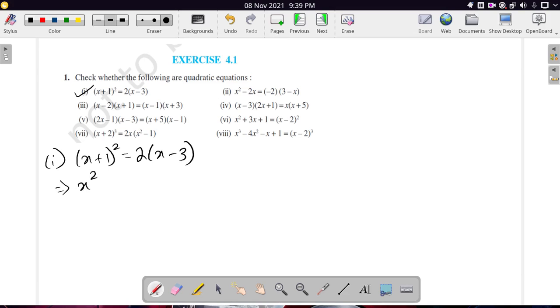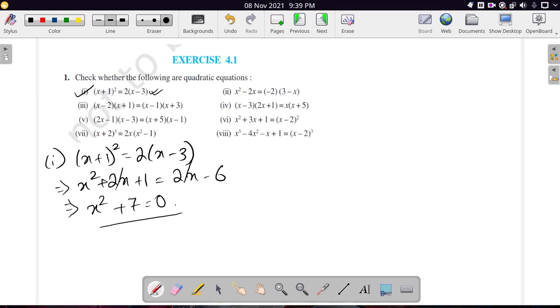This is x square plus 2x plus 1 equals 2x minus 6. Now we'll just transfer it here. So 2x goes off, and x square plus 7 is equal to 0.